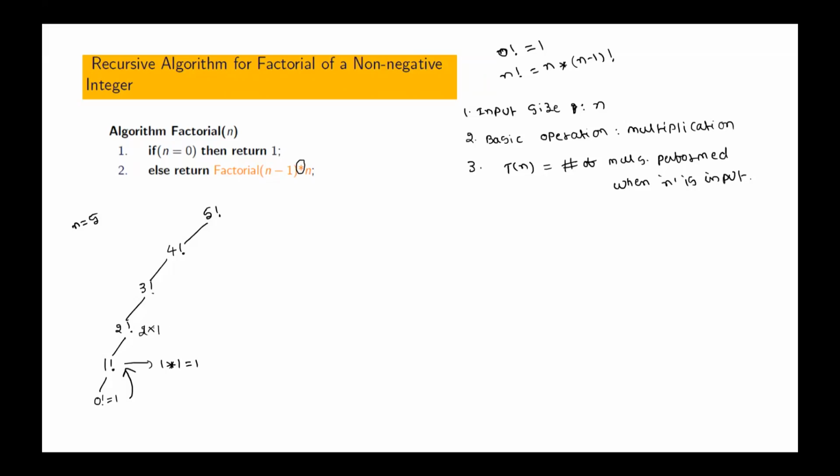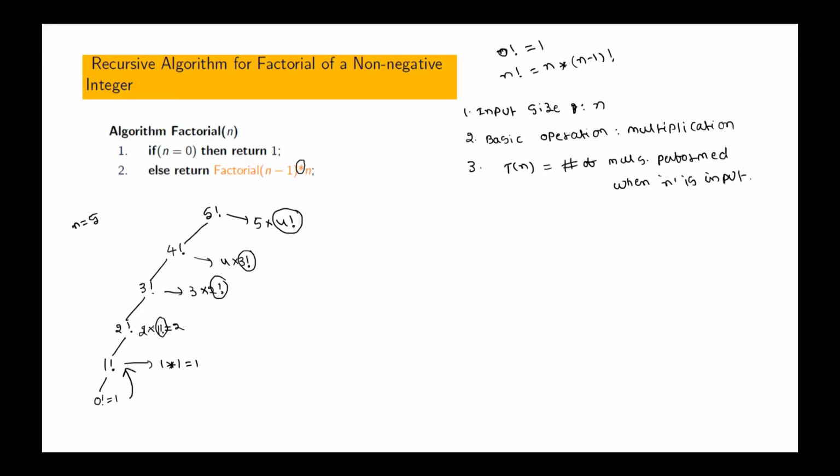Then 3 into 2, which is 6. Then 4 into 6, which is the 3 factorial value. Here you can say this is the 2 factorial value, and this is the 1 factorial value. Next, this is 5 into the 4 factorial value. Now, how many times is this multiplication operation performed?